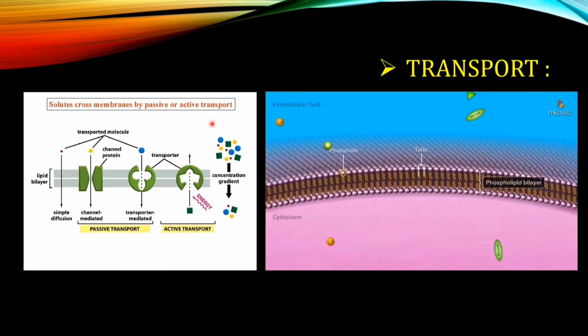This is crossing the membrane by passive and active transport. At first we will talk about diffusion, and second the channel mediated and the transporter mediated. Those are the channel proteins and the transporters for passive and active transport. At first, let's talk about simple diffusion.